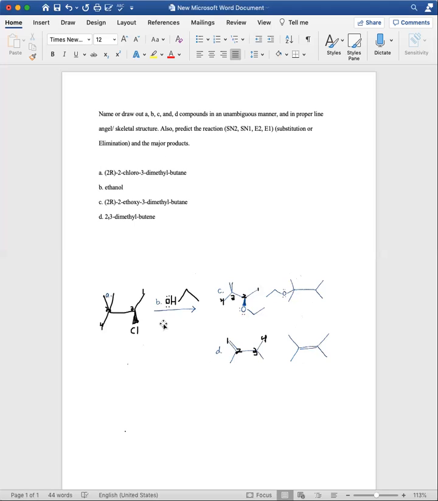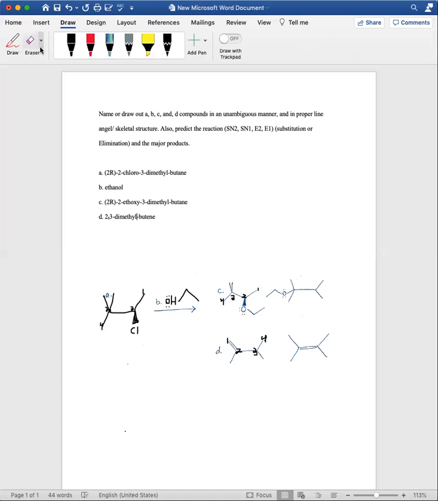So here, as we can see, by just looking at it, we have two different products, right? Okay, so there is no SN2 or even E2. So we're going to end up with just SN1 and E1, which are substitution and elimination.